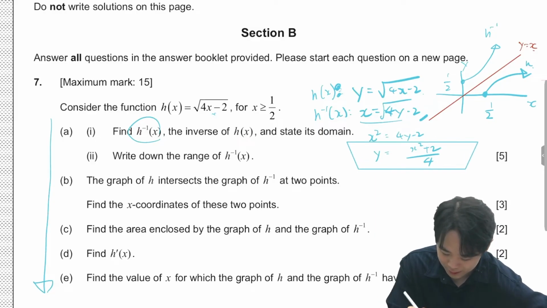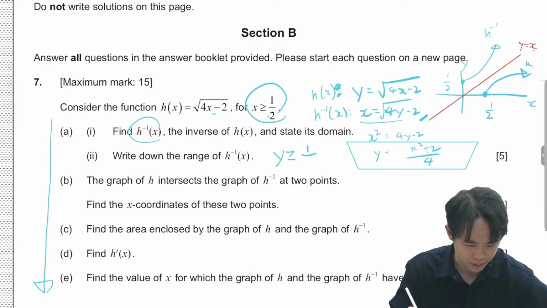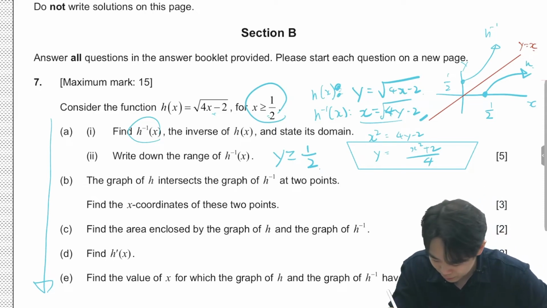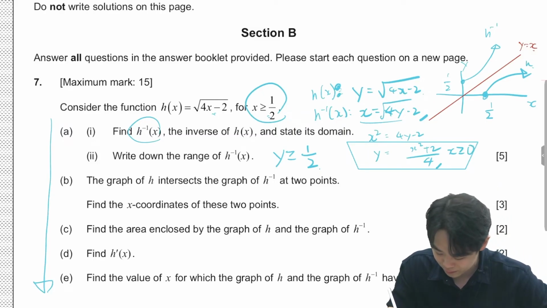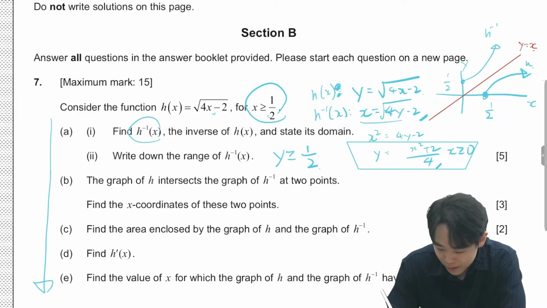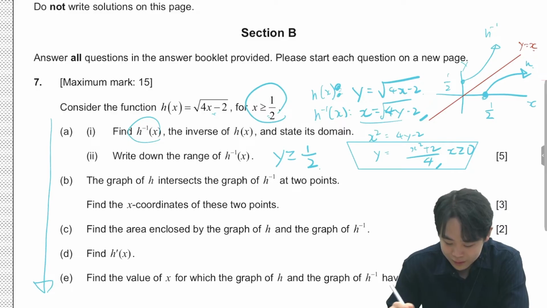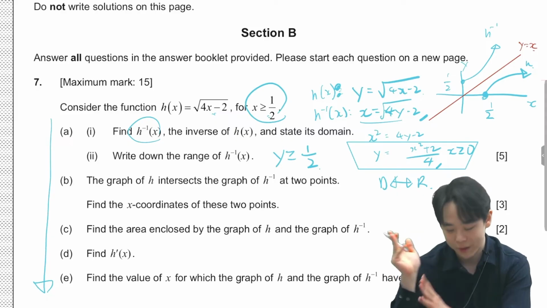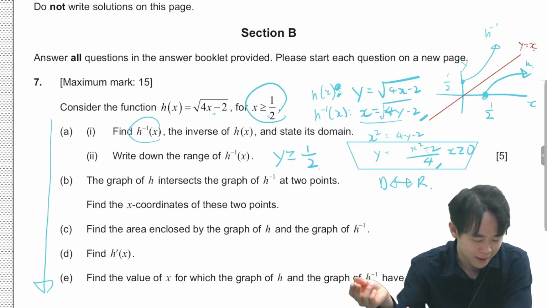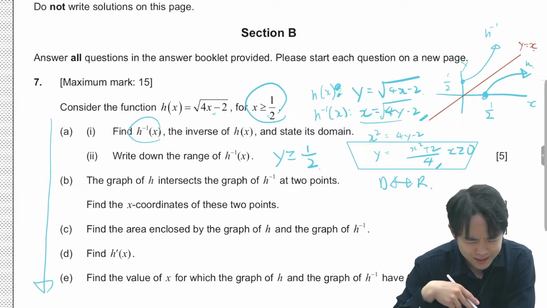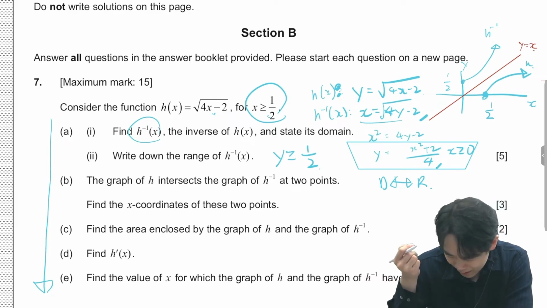Since x was greater than or equal to 1/2, y would have to be greater than or equal to 1/2. Also, our domain would then be x greater than or equal to 0. So we have the flipped switch here. The domain was greater than or equal to 1/2 for h, and the range was greater than or equal to 0. In the inverse, the domain and range are switched. Just to recap, domain is the possible values of x that can go into a function. The range is the possible values of y that are output by the function. Okay? So that's A for you.